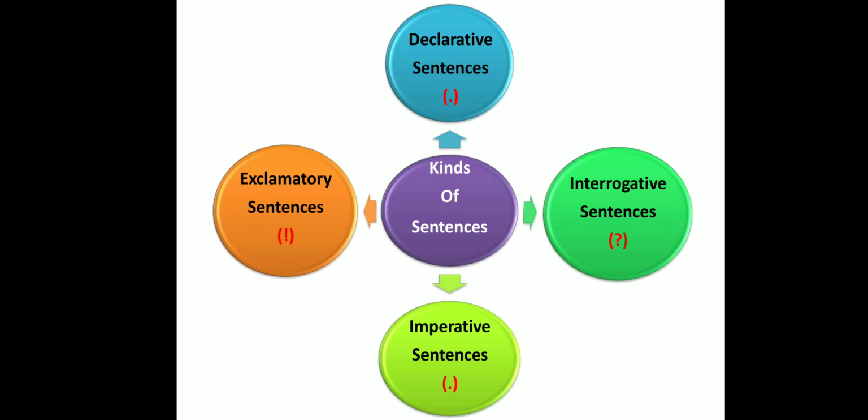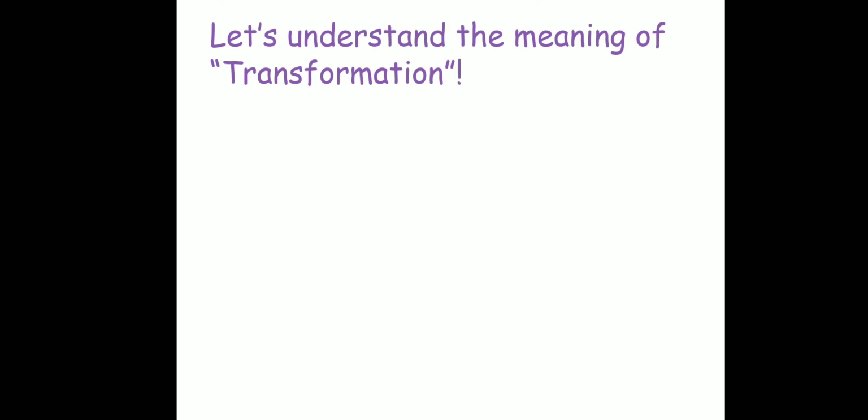Now, in this exercise, transformation of sentences, we are going to learn how to change one kind of sentence to another. Okay. So let's understand the meaning of transformation. What does the word transformation mean? Let us understand that first. Transformation means change. When you change something, you are transforming that thing.